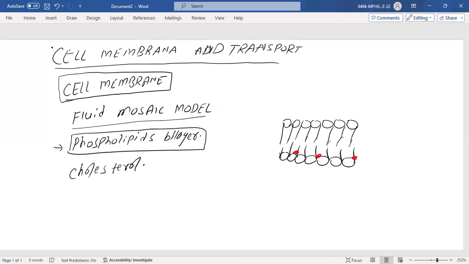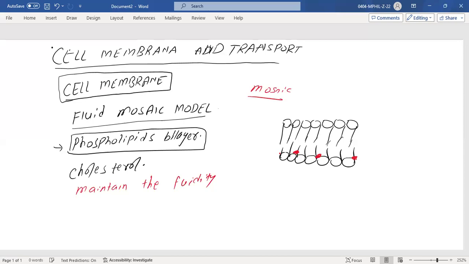And what is their role specifically in the cell membrane? They maintain the fluidity, the fluid nature of that cell membrane, because it is the lipid bilayer mosaic model. We have used the word mosaic here. What does it mean, mosaic?